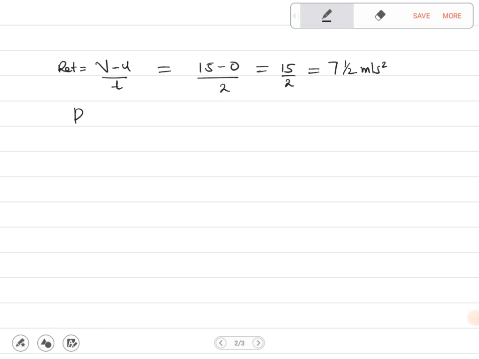And we put the final answer as retardation is equal to 7.5 meters per second squared, or you can say acceleration is equal to negative 7.5 meters per second squared. That is your answer.